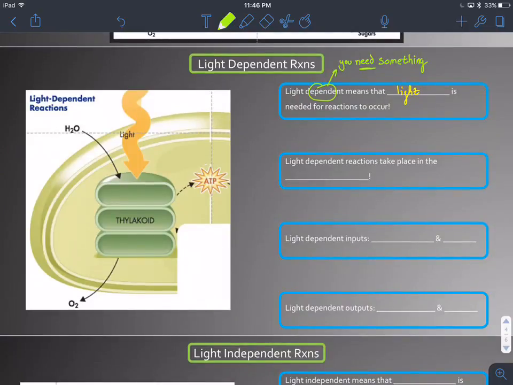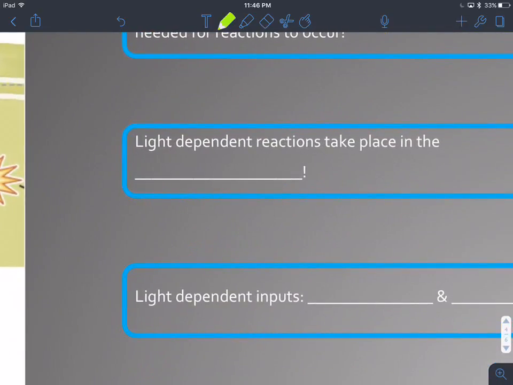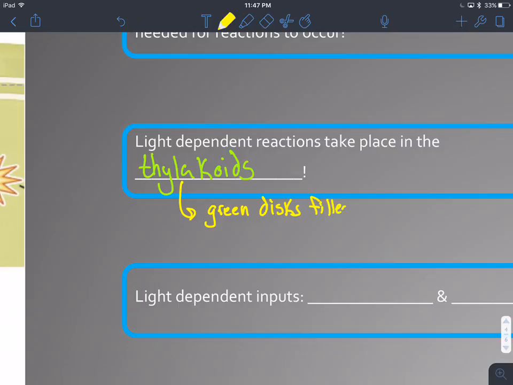The light-dependent reactions take place in the thylakoids. And you should all remember these as the green discs filled with chlorophyll that make up the chloroplast, right?